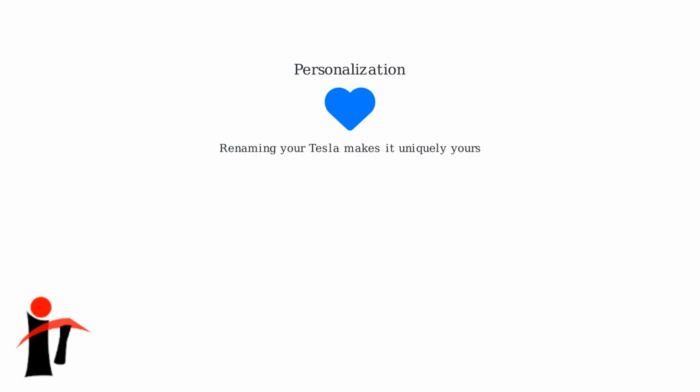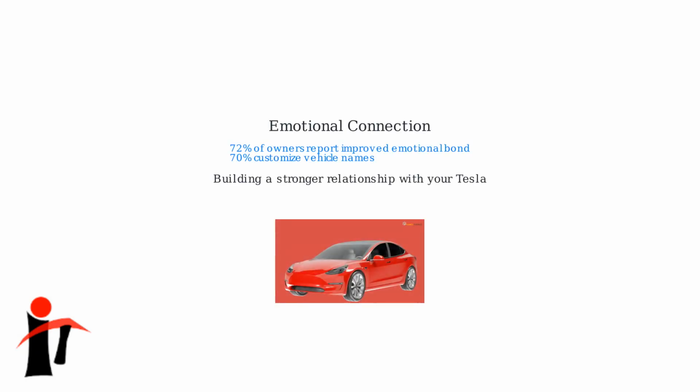Renaming your Tesla enhances personalization, making your vehicle feel uniquely yours through custom naming. According to Tesla's 2025 owner surveys, 72% of Model 3 owners report that renaming improves their emotional connection with their vehicle, while over 70% customize their vehicle names.